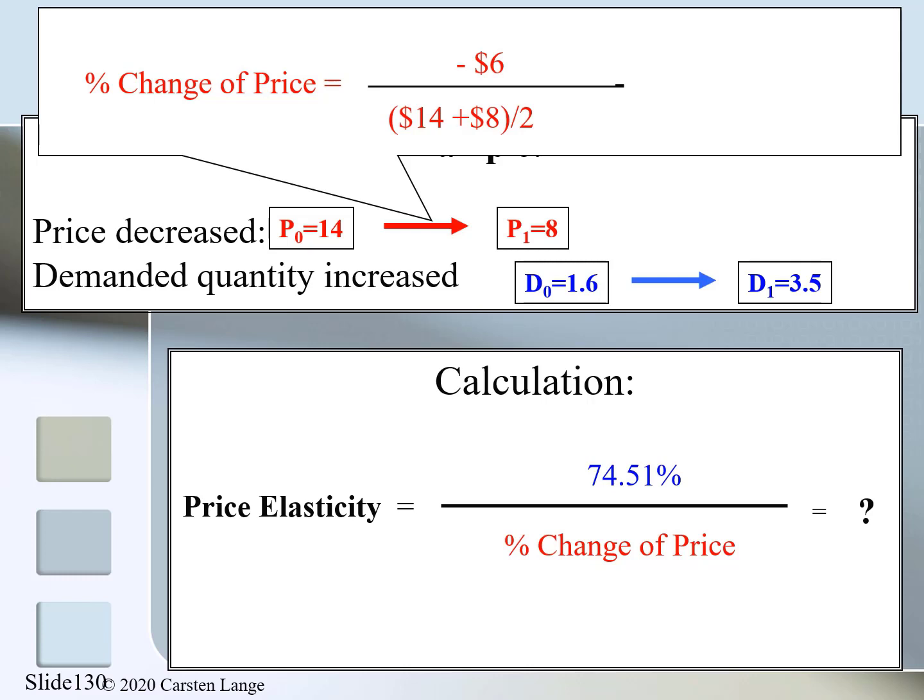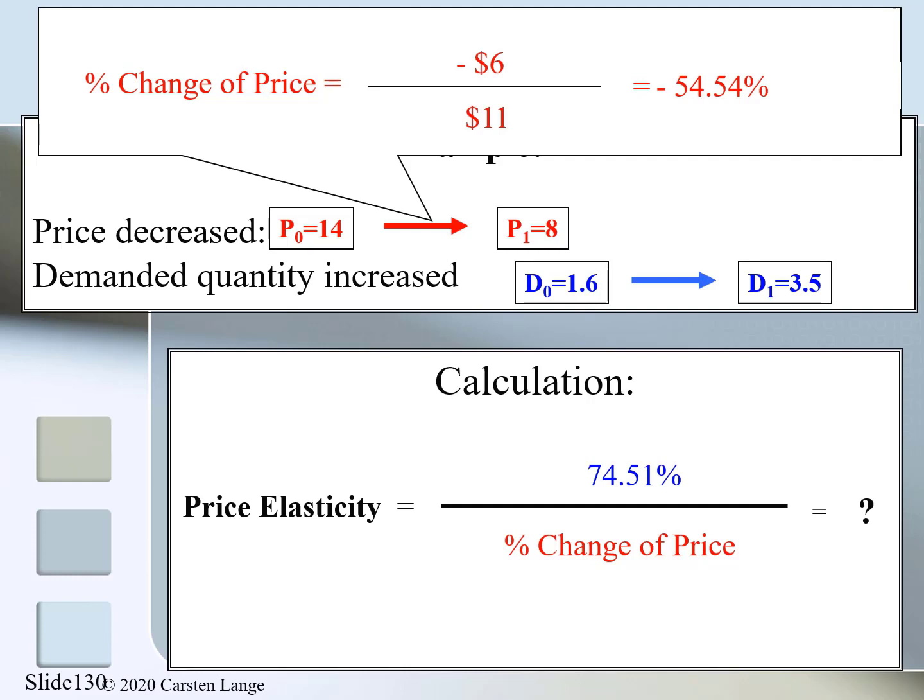So we add 14 plus 8 and divide the result by 2, which gives us 11. And if we divide minus 6 by 11, the result is minus 0.5454. To turn this into a percentage value, we shift the decimal point 2 units to the right, and we get minus 54.54%, which is the percentage change of price.